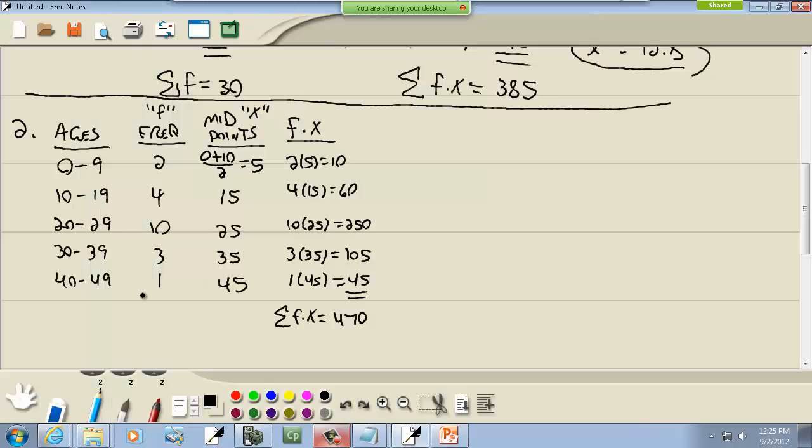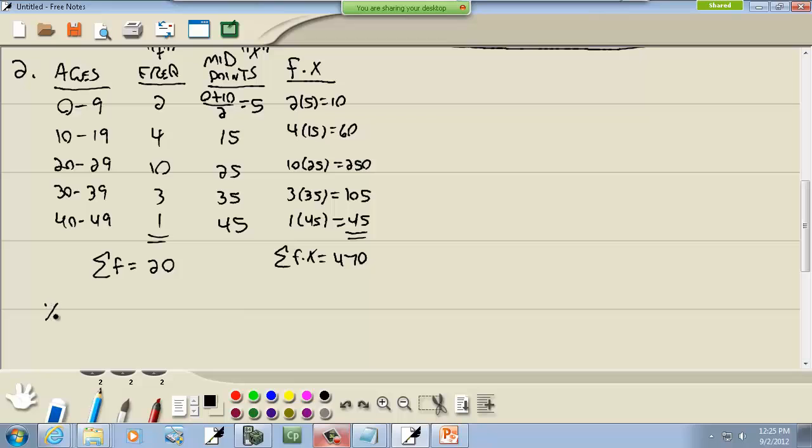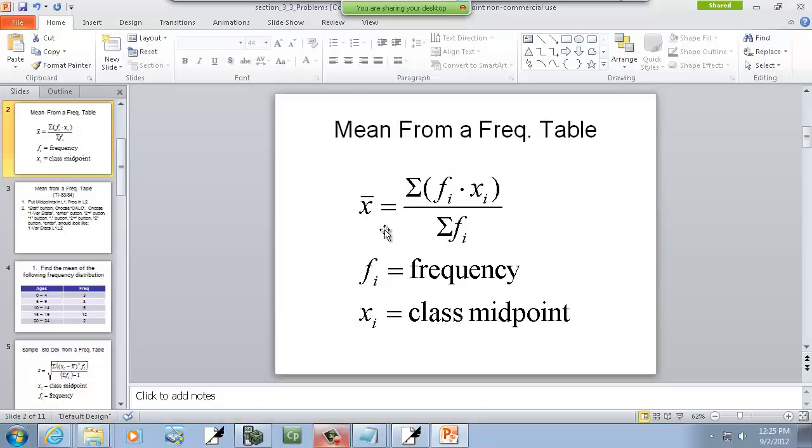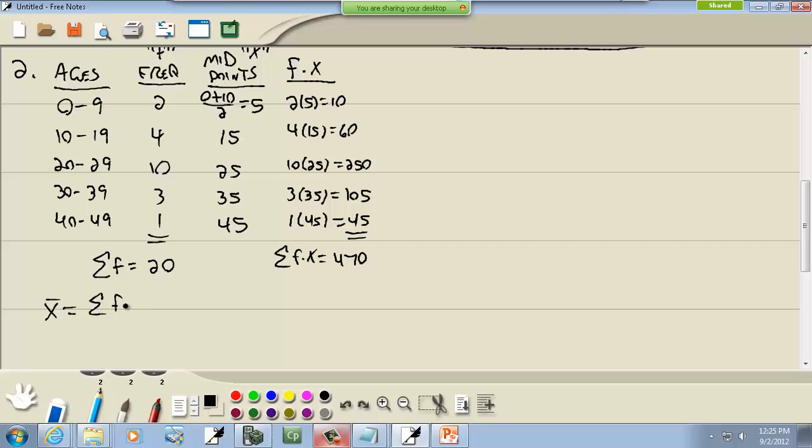So 2 plus 4 plus 10 plus 3 plus 1 gives us 20. Then our x bar is the sum of f times x divided by the sum of f. So 470 divided by 20 gives us 23.5.